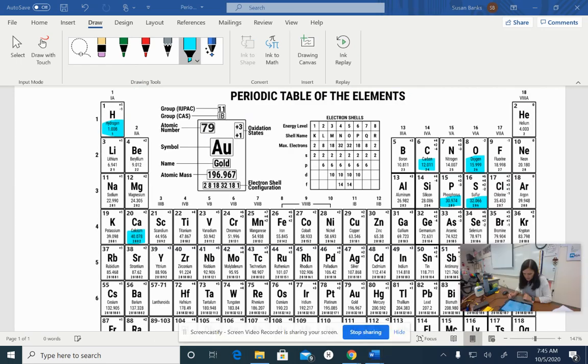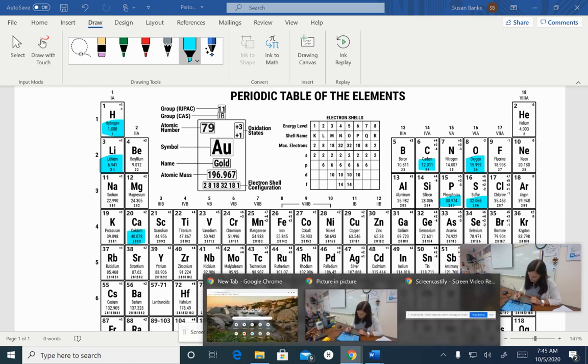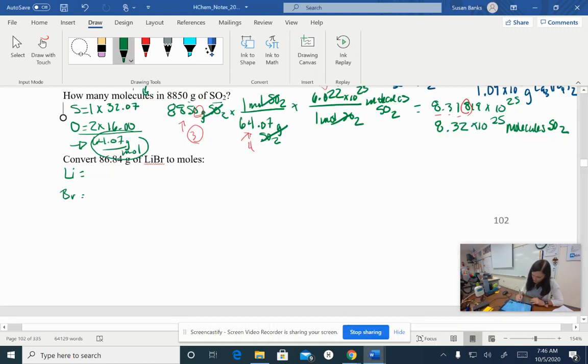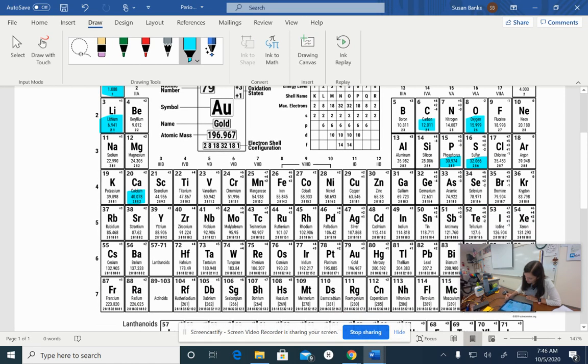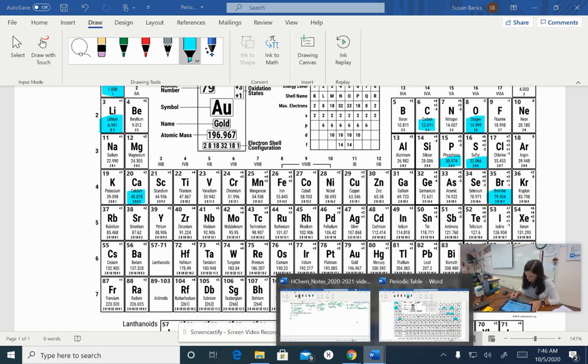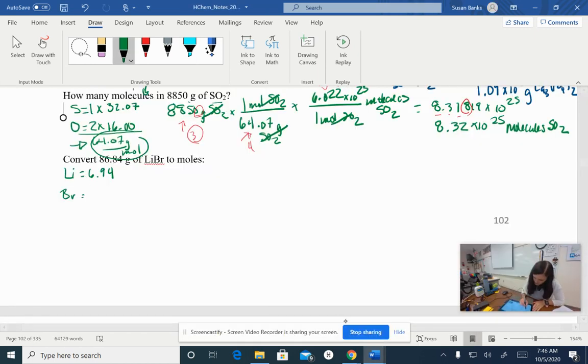If I look at lithium, I've got 6.94. And bromine. Let's see, bromine is over here. Do you guys see it? I have 79.90, so that will round to 79.90. So I'm going to use 79.90.